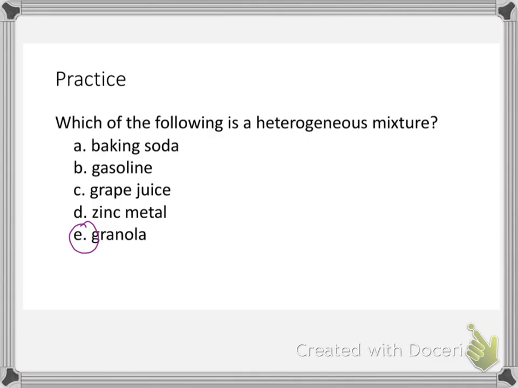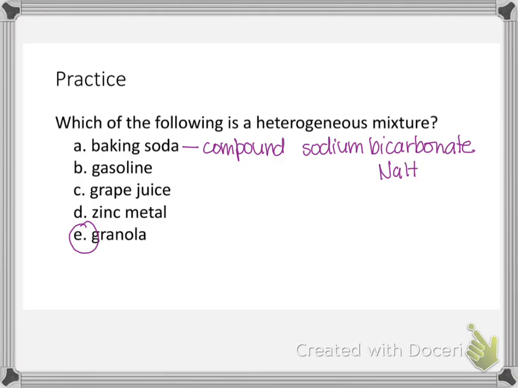So let's just classify the others again, just for practice. So the baking soda is a compound. You don't have to know the formulas. I'm just trying to give you some context. It's called sodium bicarbonate. Gasoline is a homogeneous mixture.